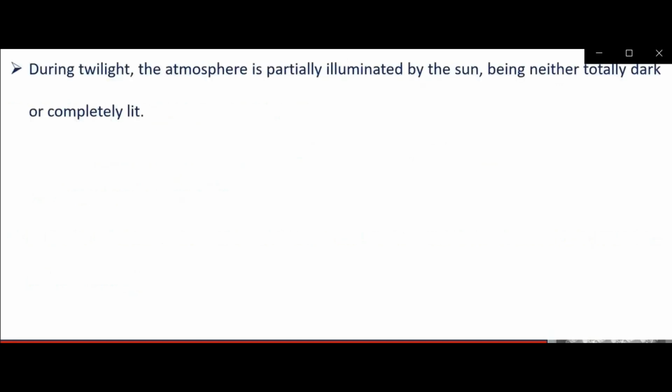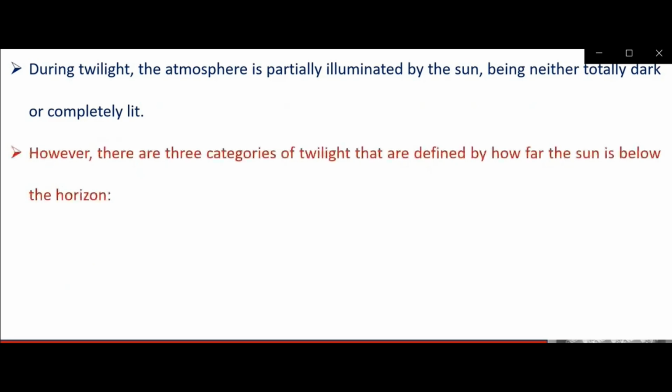During the twilight, the atmosphere is partially illuminated by sun, being neither totally dark or completely lit. However, there are three categories of twilight that are defined by how far is the sun center below the horizon.